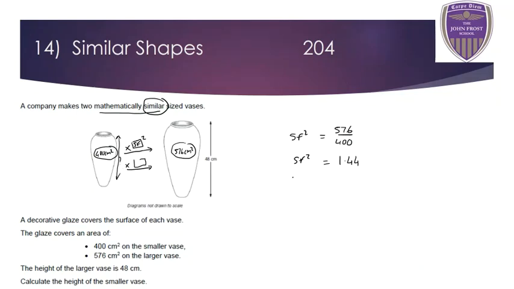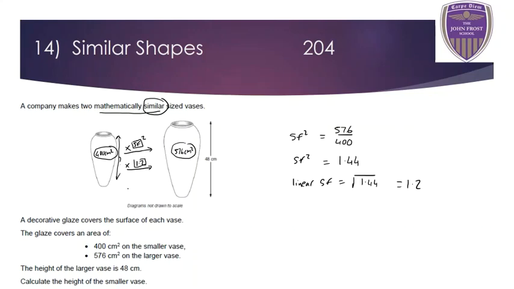So to find the linear scale factor, we need square root 1.44. So square root in that gives me 1.2. So to multiply and divide lengths, we would multiply given length or divide them by 1.2.